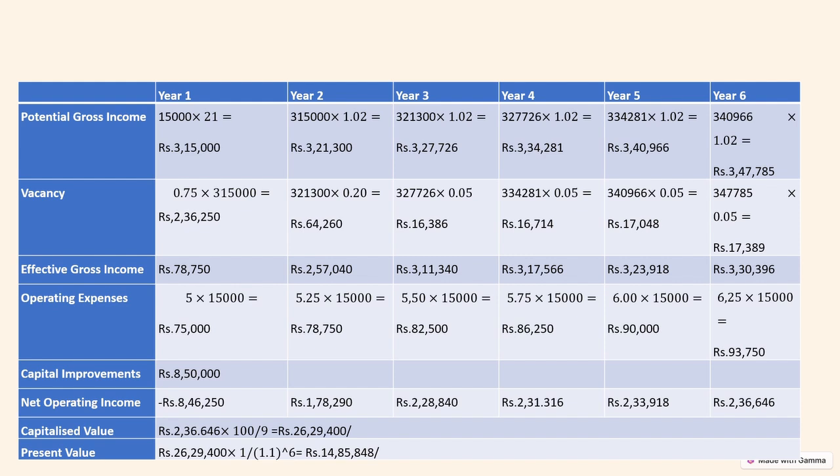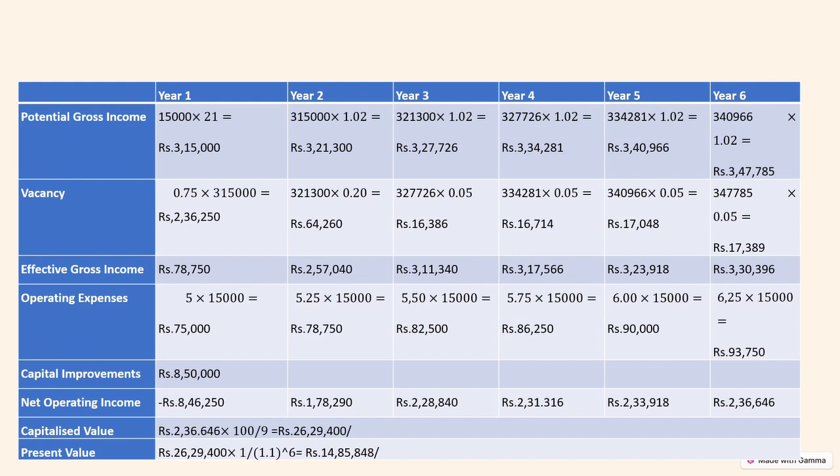So net operating income will be, see here, from the effective income you have to spend these two amounts, approximately 9,25,000. So you deduct this from 78,250, and net operating income will be minus 8,46,250. In the first year there will be a loss because you have to spend an amount of 8,50,000.